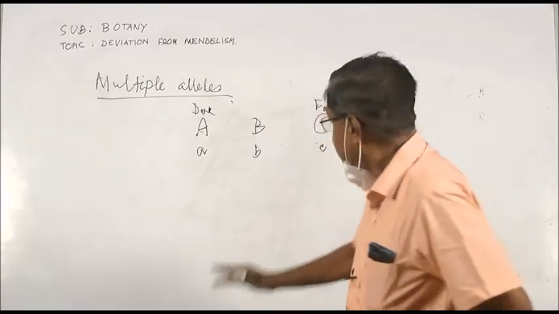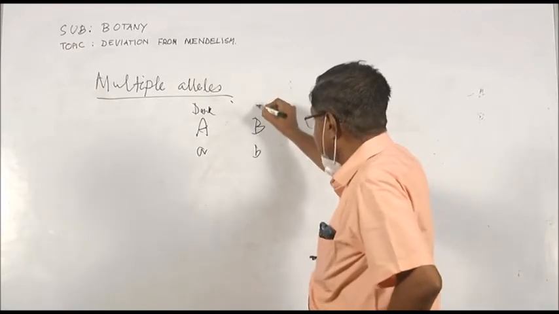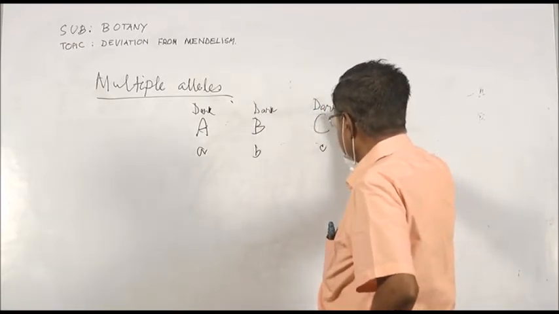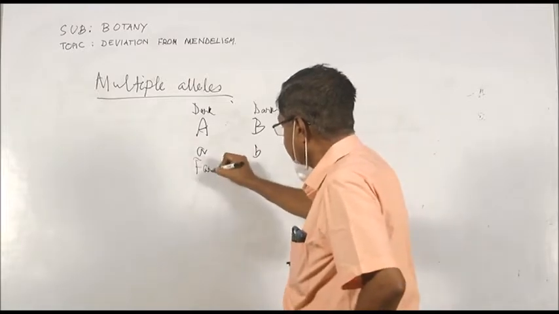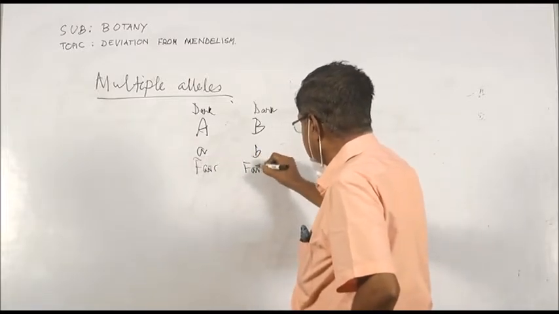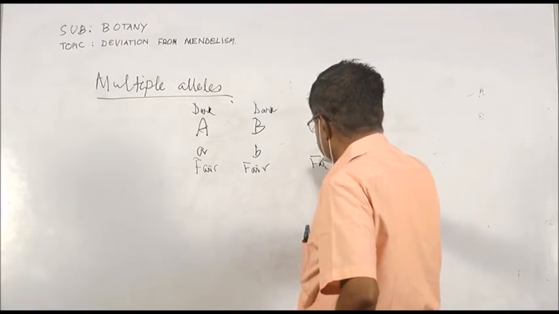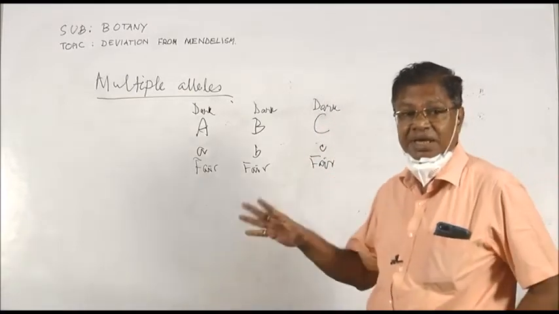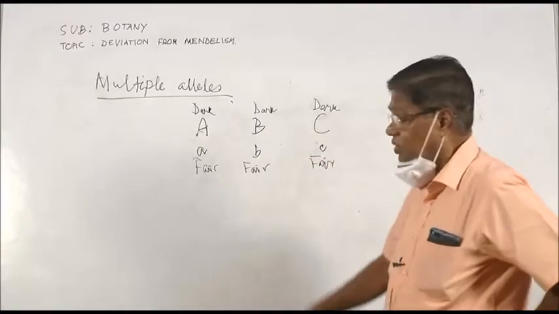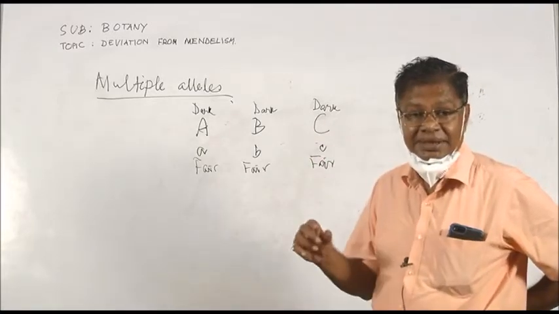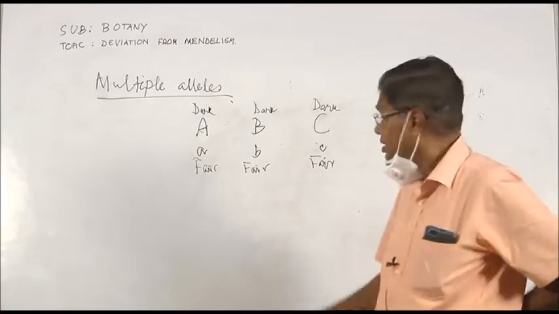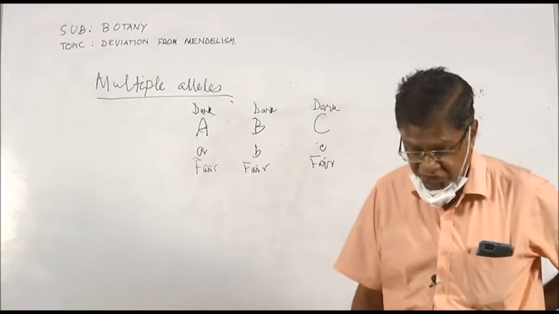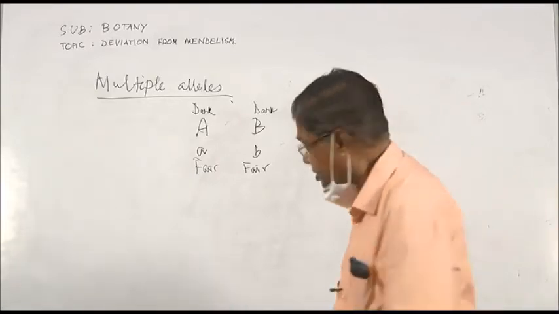This is dark, and this is dark, and this is fair, this is fair, this is fair. That is, the three dominant genes A, B and C are responsible for dark color, and the three recessive genes, that is small a, small b, small c, are responsible for fair color or white color.